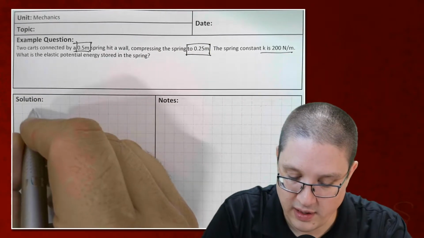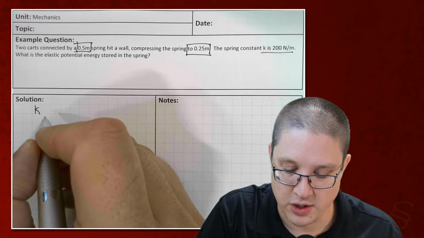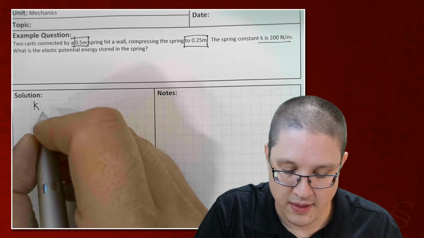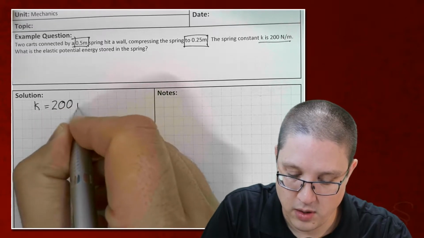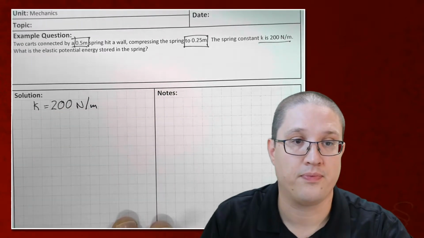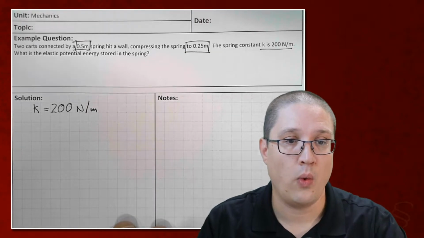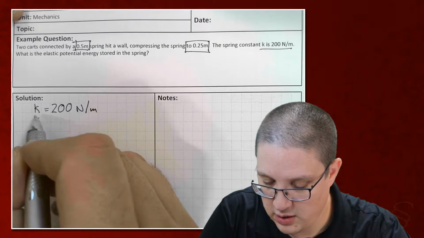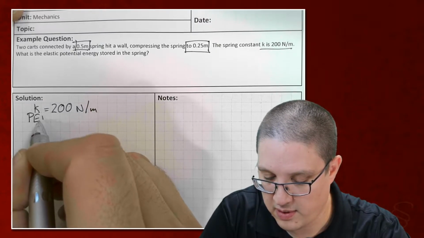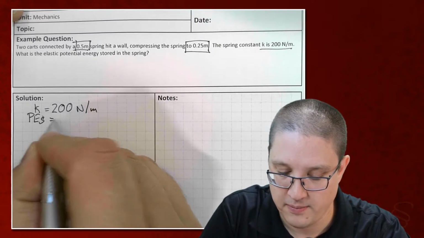Well, I'm going to start over here. My spring constant k is going to be 200 newtons per meter. All right. Well, I'm looking for my elastic potential energy, so I'm looking for my potential energy stored in a spring.